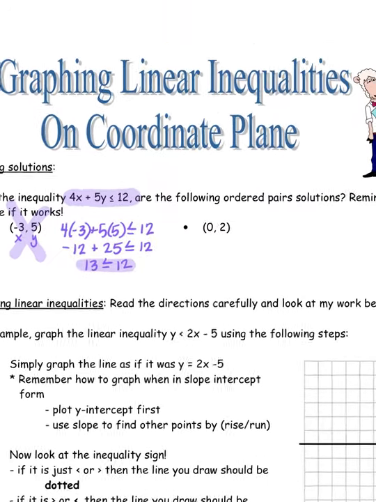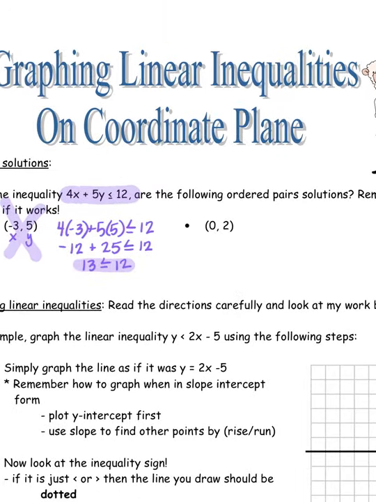So let's look at the next one, 0 and 2. So we have 4 times 0 plus 5 times 2, x and y, sorry, is less than or equal to 12. 4 times 0 is 0, plus 5 times 2 is 10, is less than or equal to 12. 0 plus 10 is 10, is less than or equal to 12.